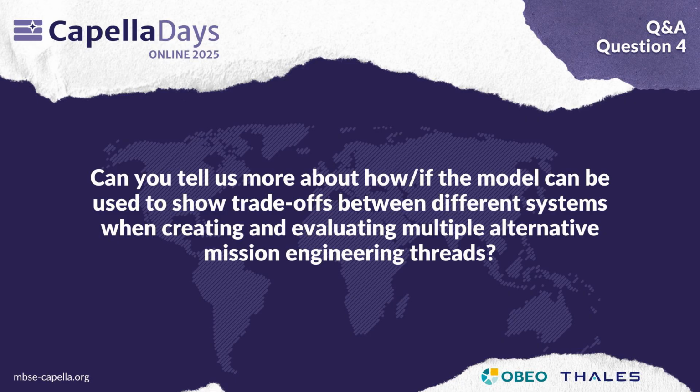As we showed in the presentation, the first two layers in Capella focus on the mission contextualization and understanding the context of the mission, the operational analysis and system analysis. Now, when we move to logical design, logical architecture, and physical architecture, we start seeing different designs that we can do trade-offs between.